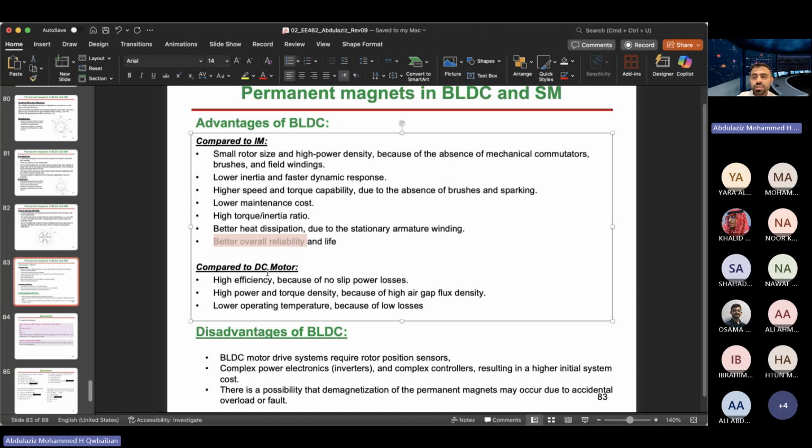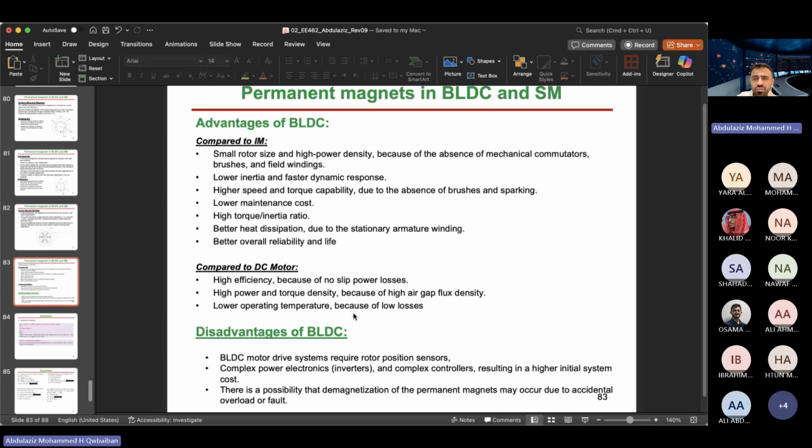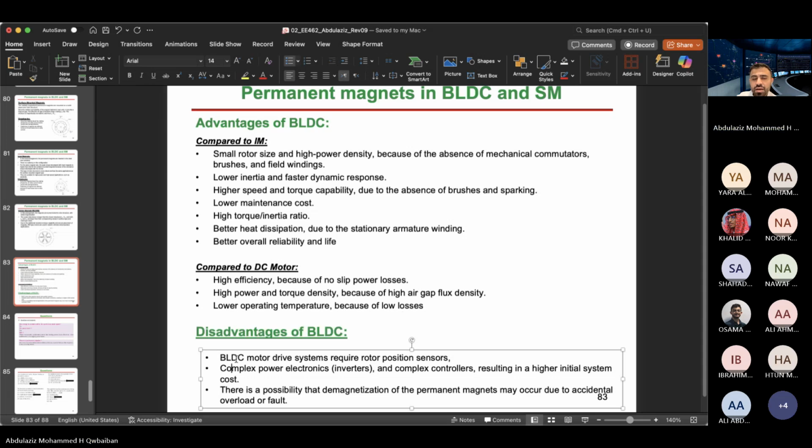If you compare them with DC motors, they have high efficiency because there is no slip, higher power and torque density, and lower operating temperature. I think this is just for your knowledge.